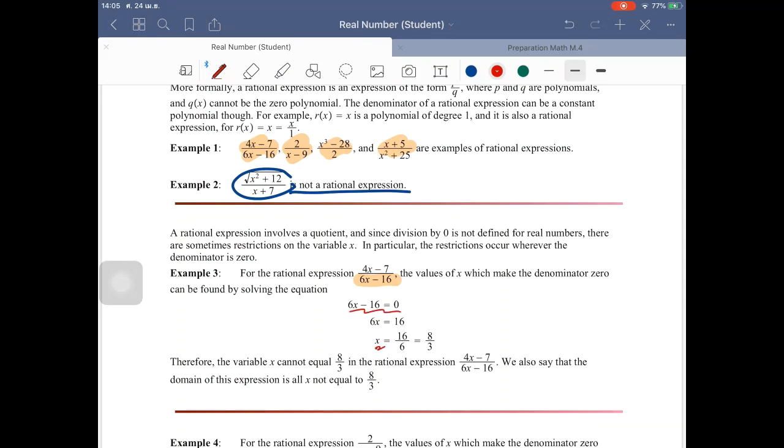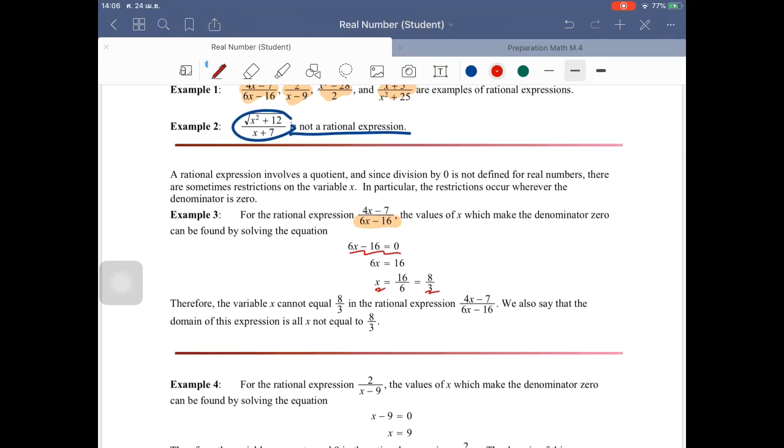So x will be 8 over 3. So here x can be any number except 8 over 3. Why? Because if x is 8 over 3, the denominator will be 0, and the answer will not be able to be found.